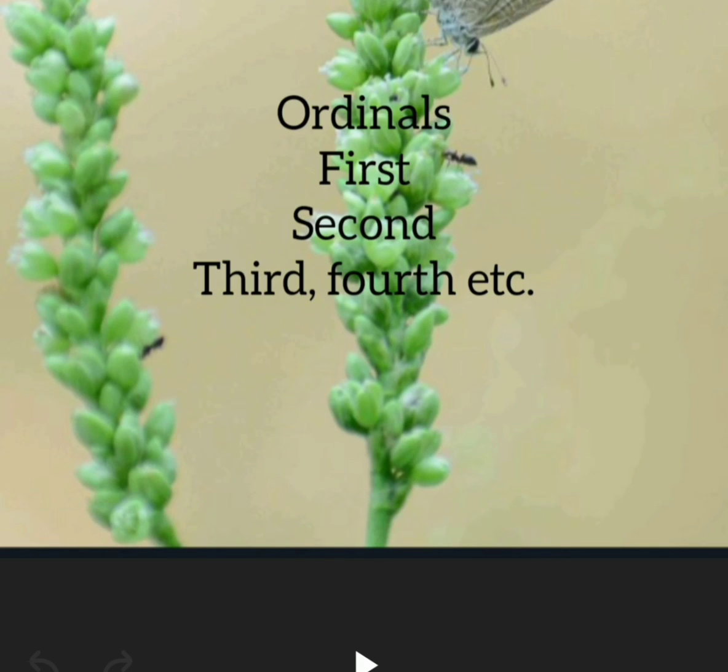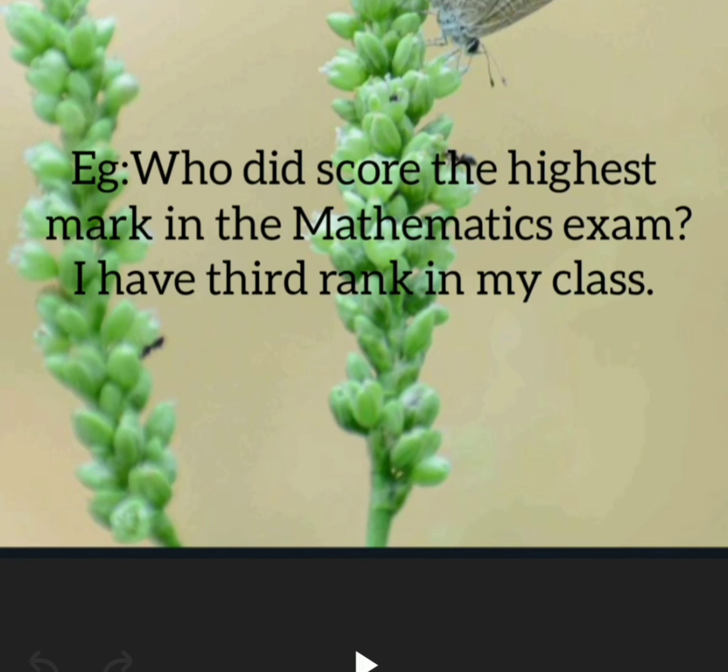The next one is ordinals. Ordinal numbers we can also use as determiners. Ordinals like first, second, third, fourth, fifth, and it goes on. Such kind of ordinals we can consider as determiners. For example, who did score the highest mark in the mathematics exam? The answer is considered as the determiner.